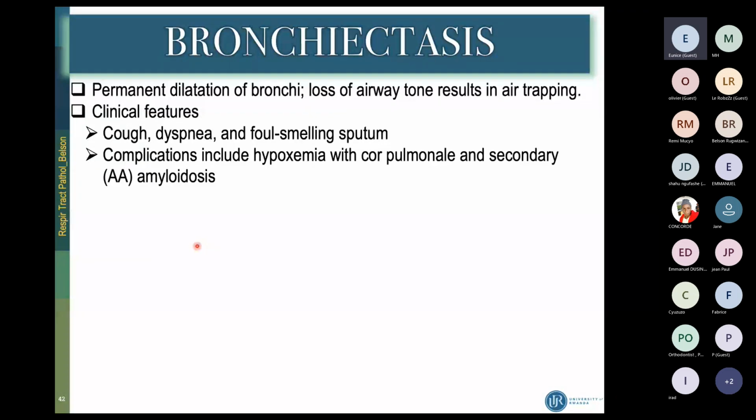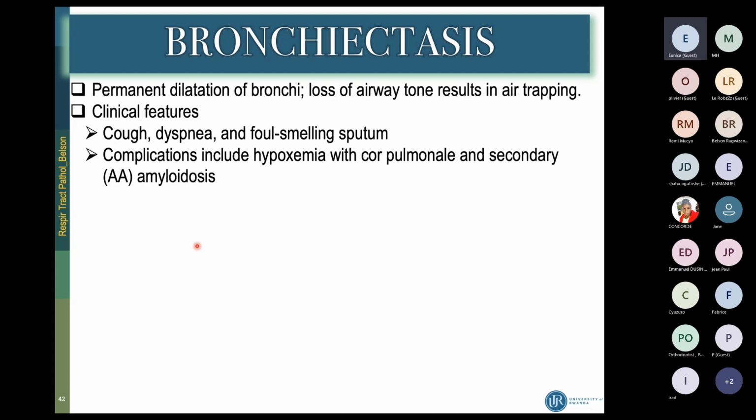So the fourth disease is bronchiectasis. This is a permanent dilation of bronchi, loss of airway tone, which results in air trapping. So in these diseases, of the four, three concern the bronchi or bronchial, while another one concerns the alveoli, and that is emphysema.